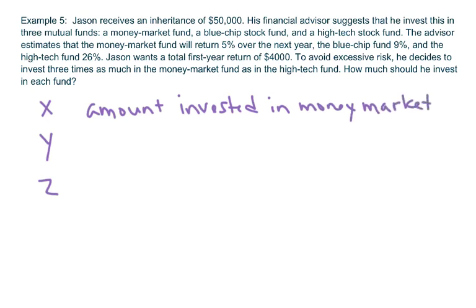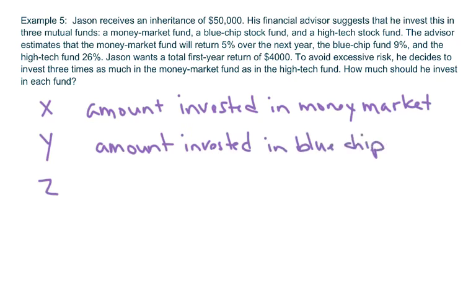Y can be the amount invested in the blue chip stock. And remember, you always want to identify what your variables represent. Z will be the amount invested in the high-tech stock.